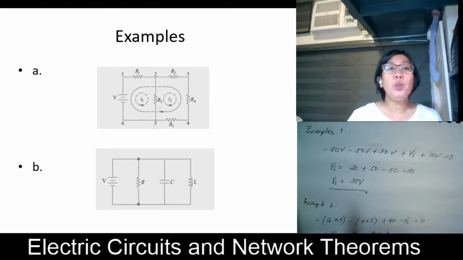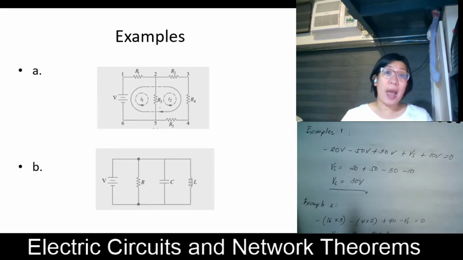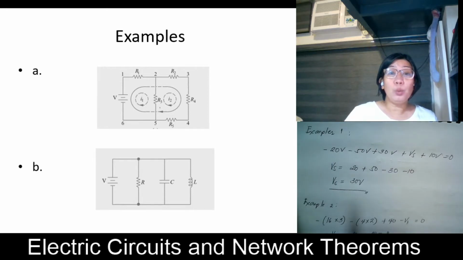Going to our letter B example here, how many branches do we have? If you're thinking that we will be counting 1, 2, 3, 4, 5, 6, 7, 8, 9, 10, like that, we do not call those branches. How about this one? It has no element, but it is still considered a branch because we have two nodes, node 5 and node 6. However, in this example, we only have two nodes.